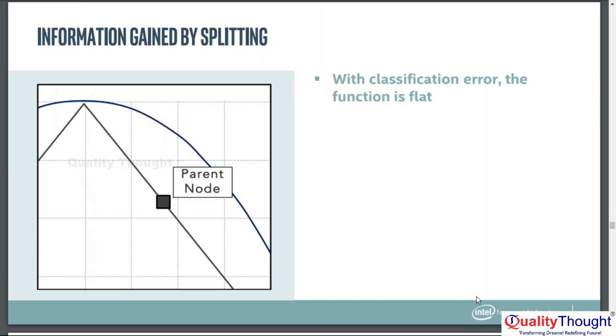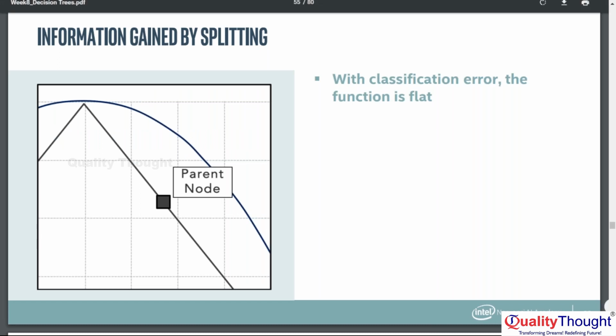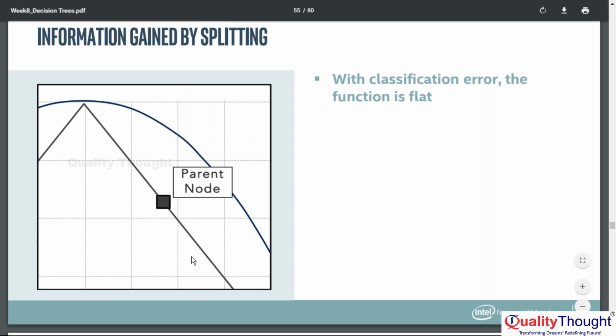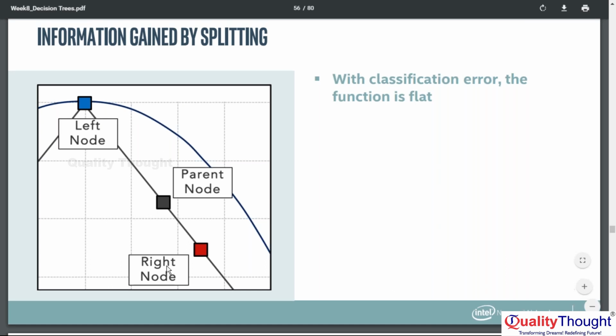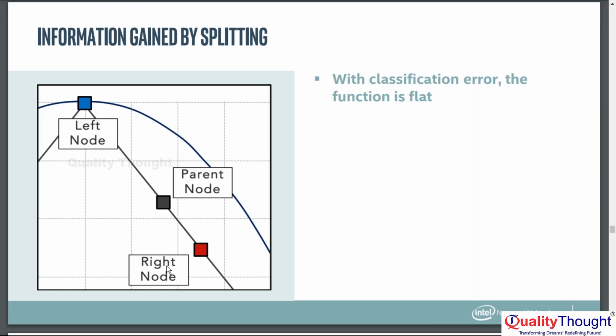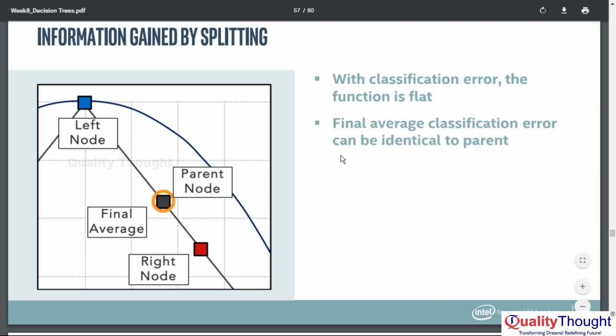Okay, so how is it going to work? With the classification error, the function is generally flat, something like this. For example, if we think that this is going to be a parent node, then this is going to be a left node and this is going to be a right node at these locations. So here, the final average classification error that you are going to identify can always be the same as what you have got at the parent node.